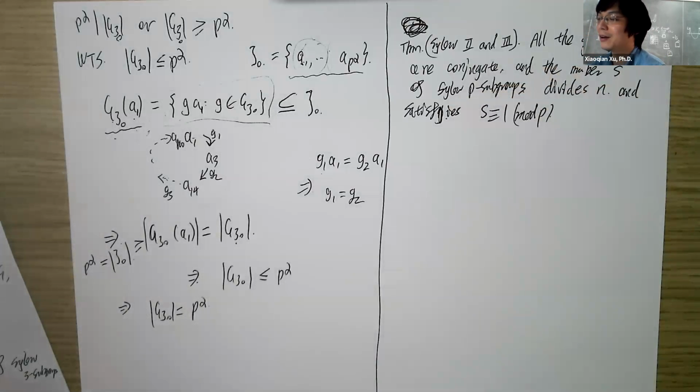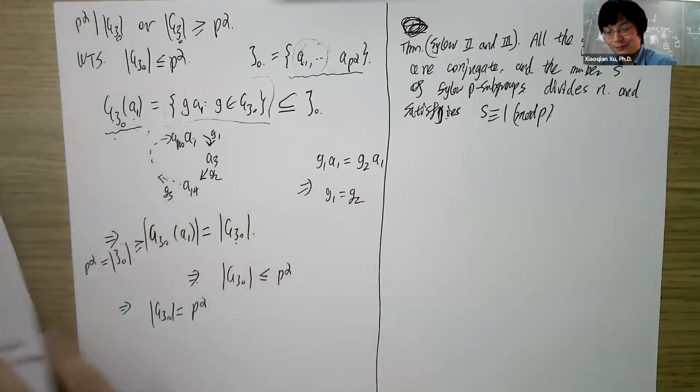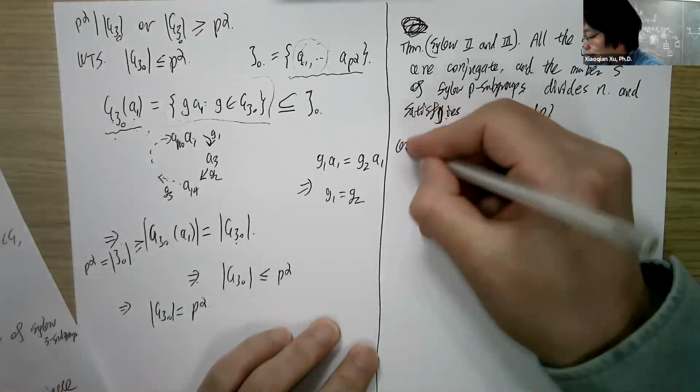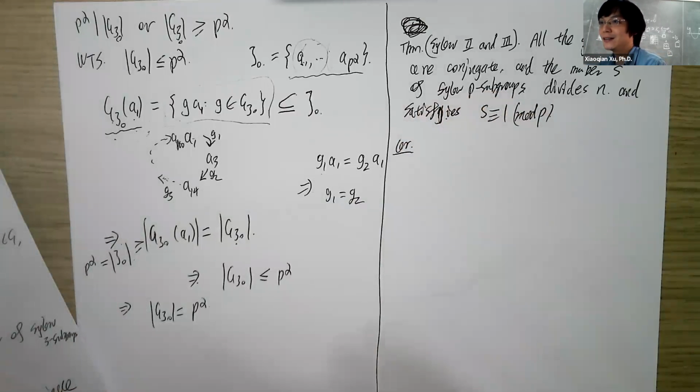This is interesting because, as before, other than listing all the subgroups, we don't really have any idea how to count how many subgroups of a particular type you have for a group. So let me write a corollary to this Sylow second and Sylow third theorem, and then I'll provide you examples about the application.